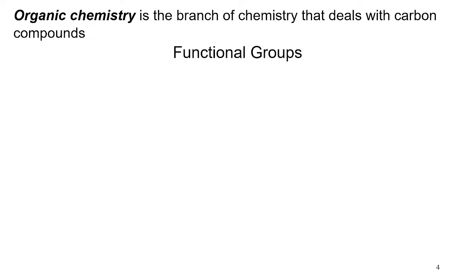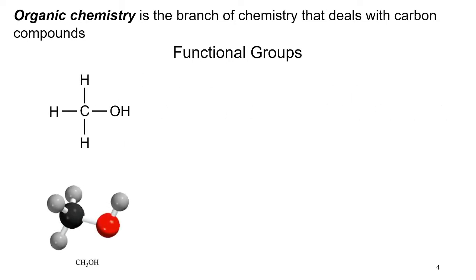Wherein those carbon compounds ay nabibilang into different functional groups. Here are some examples of functional groups. We have here the alcohol. By alcohol, we have here the carbon compound, which has three hydrogens attached to it and a hydroxide that is attached to it. So this is what we call methanol.